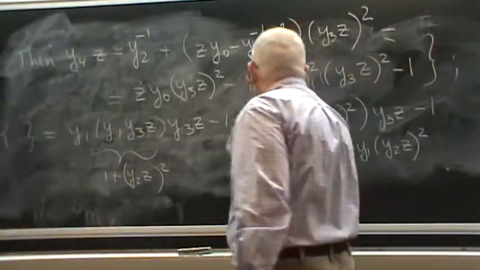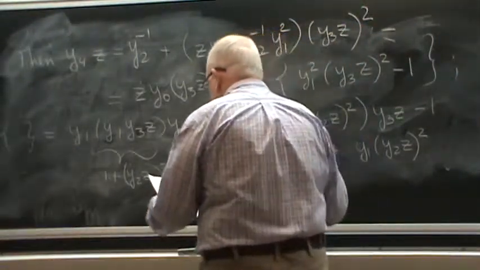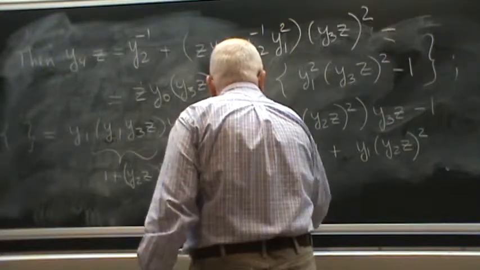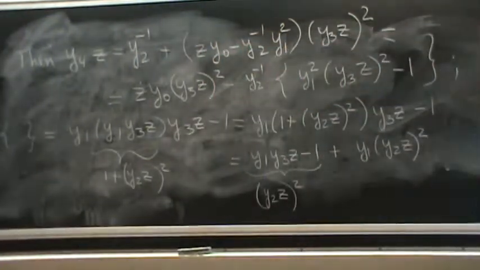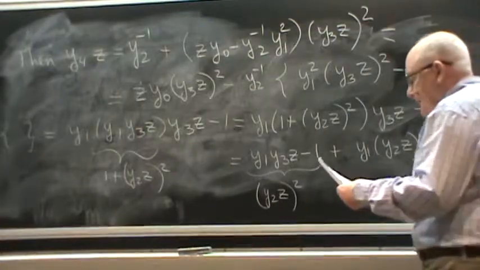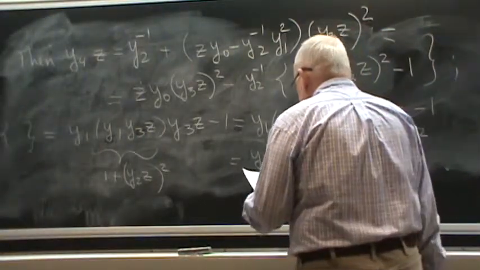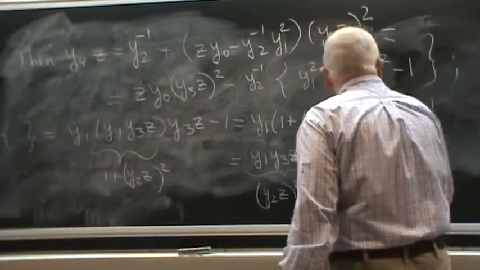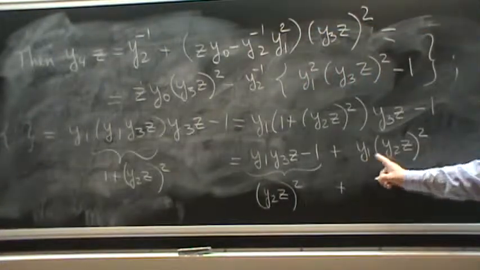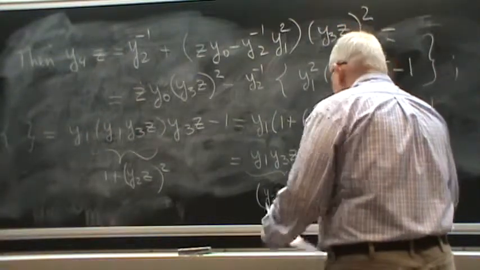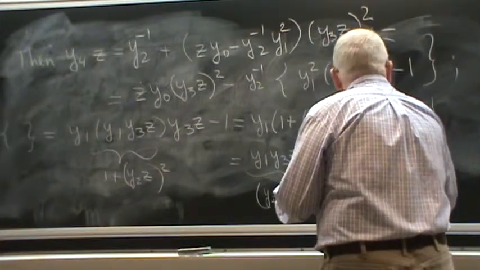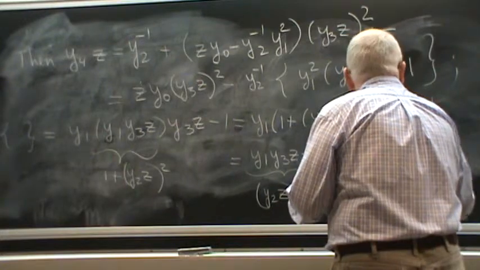Here, this can be replaced by y2z squared. So this is divided by this. Here I can exchange y1 and y2, so I have y2, y2z, y1, and then times.